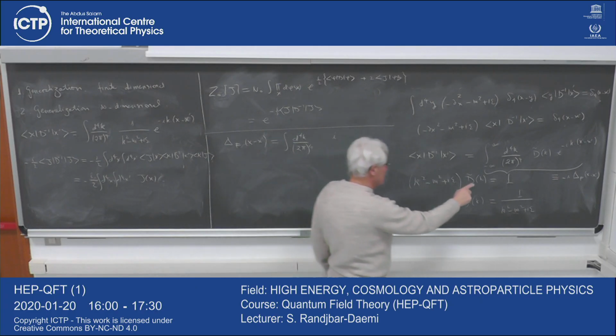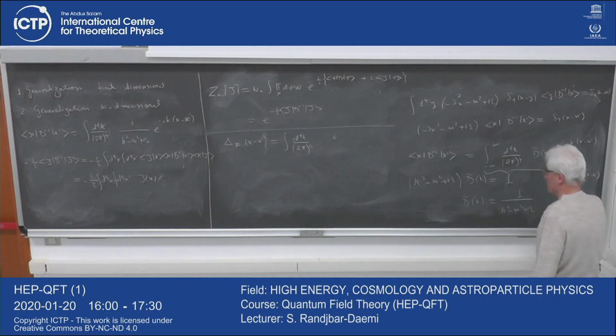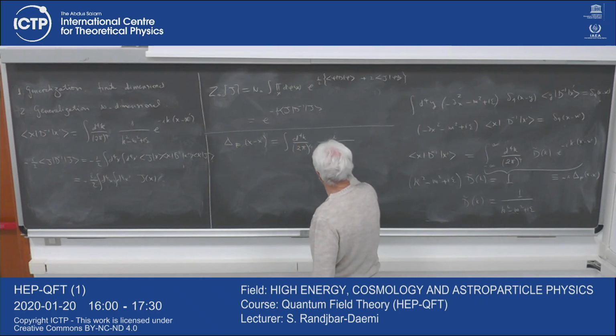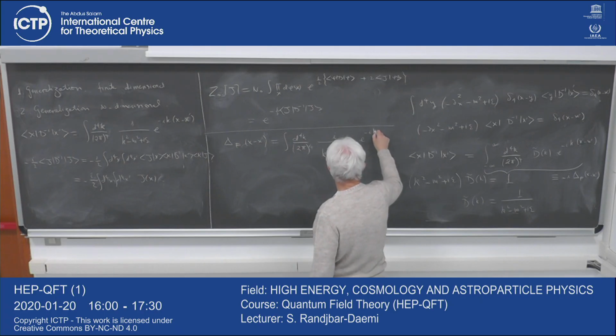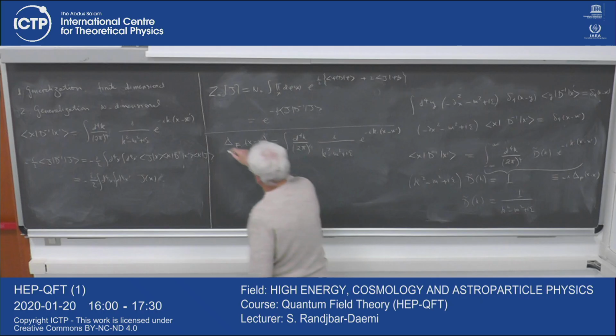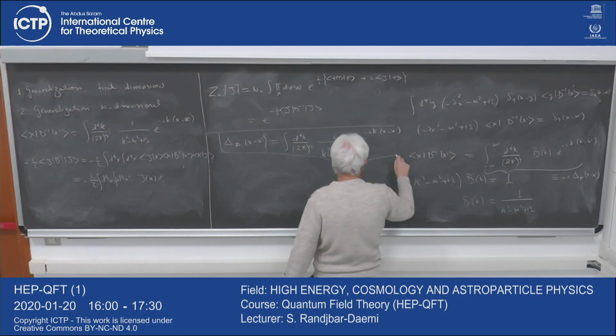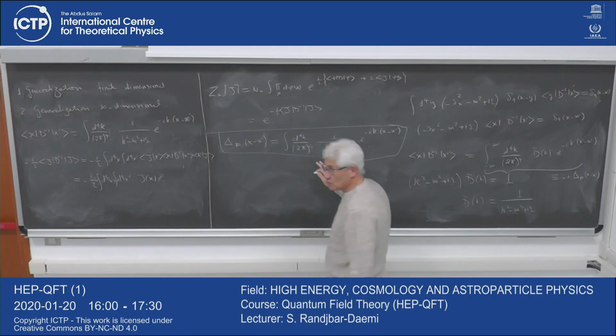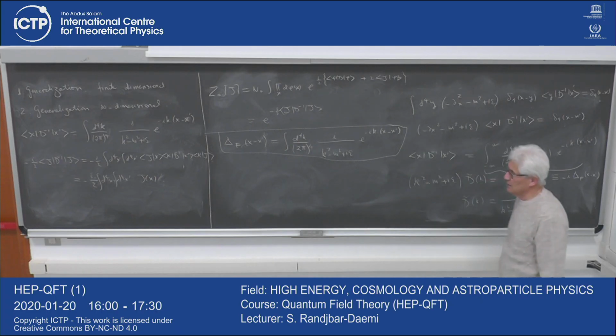I put this i there so that you can multiply both sides by i and write it so that's delta f. I will be consistent with this notation. Always use the propagator in this form, okay, for everything.